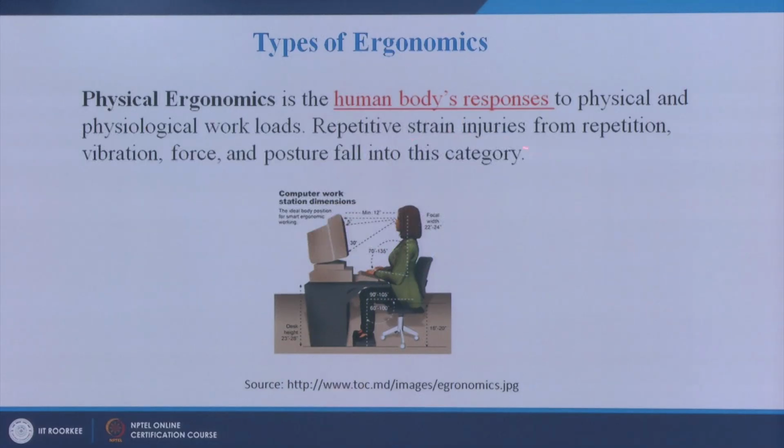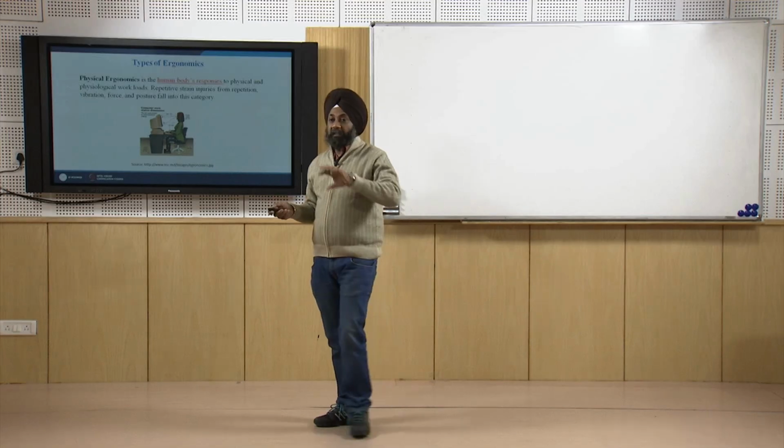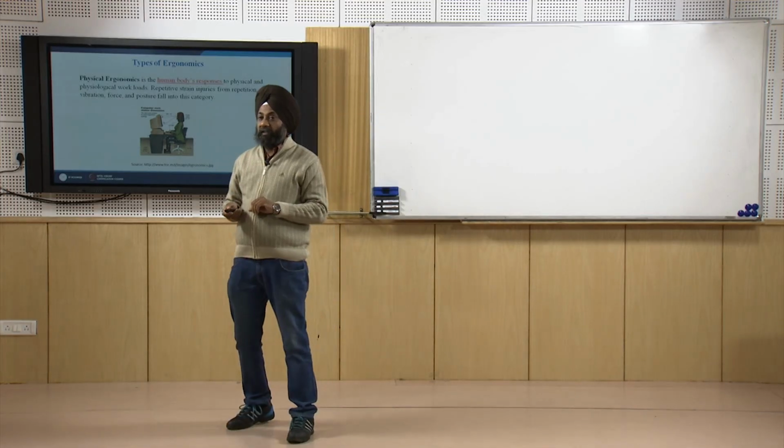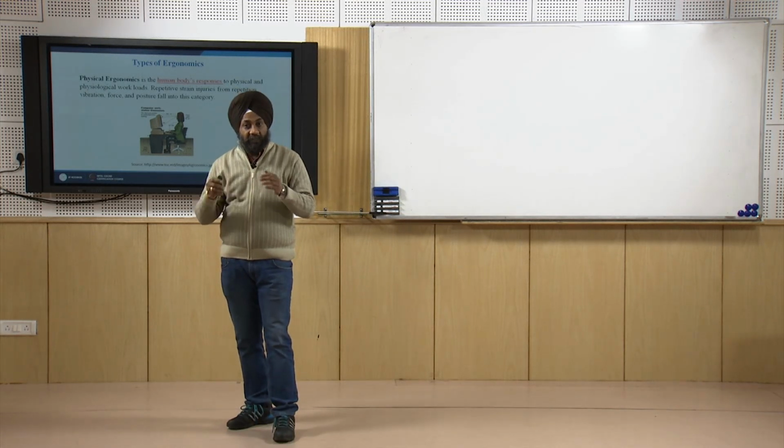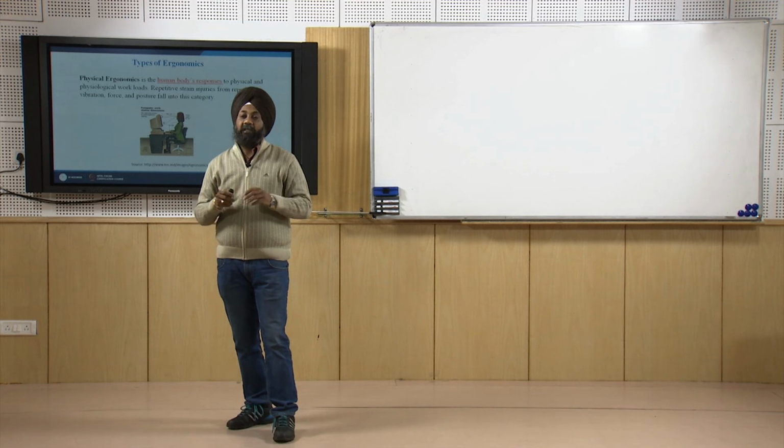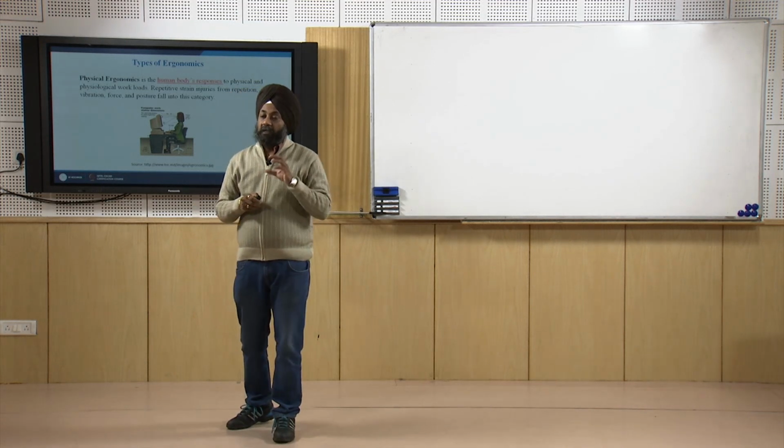Repetitive strain injuries from repetition, vibration, force and posture fall in this category. So we have to avoid all these repetitive strain injuries by designing the product in such a way that the overall performance of the worker improves, the fatigue is minimum and his productivity and efficiency is maximum.